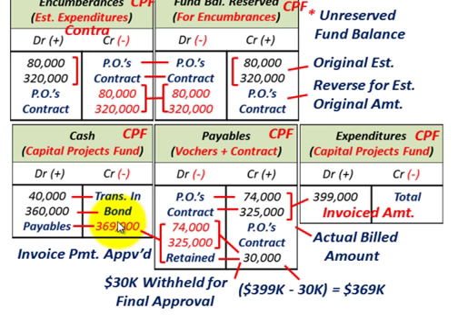So this is how we get our cash amount that's going to be paid out at $369,000. We have a total actual billed amount of $399,000, the $74,000 plus $325,000, but we have to credit back that $30,000 that's being held for final approval of the contract. So there's where we're going to get our $369,000.